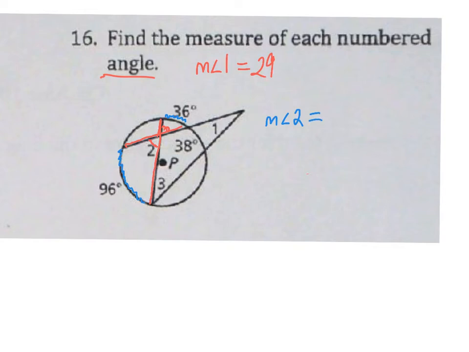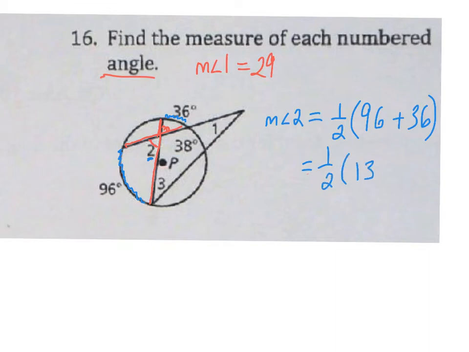I know that the measure of angle 2 right here is going to be half the sum of these two arc measures. So 96 plus 36. So it's going to be equal to half of 132. So now I know the measure of angle 2 is actually going to be 66.